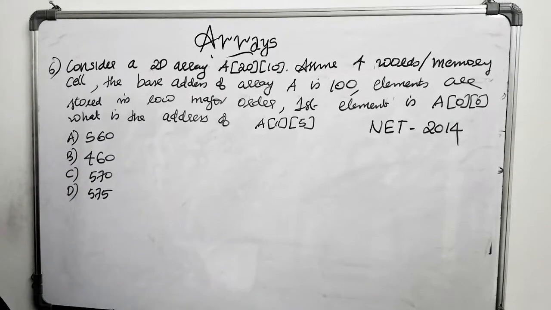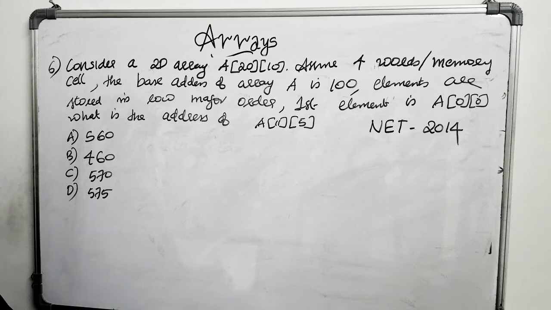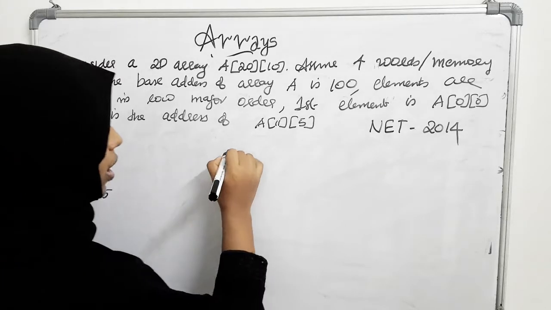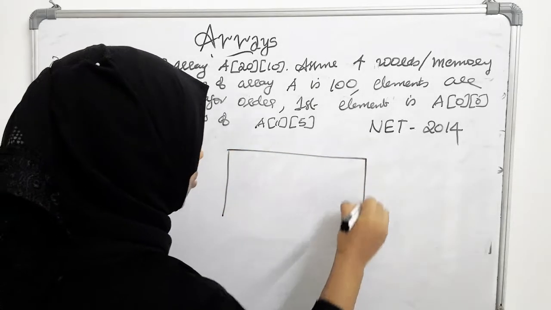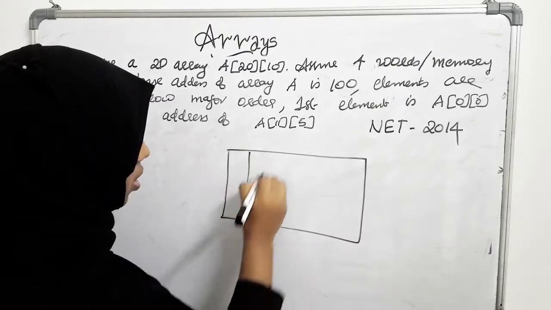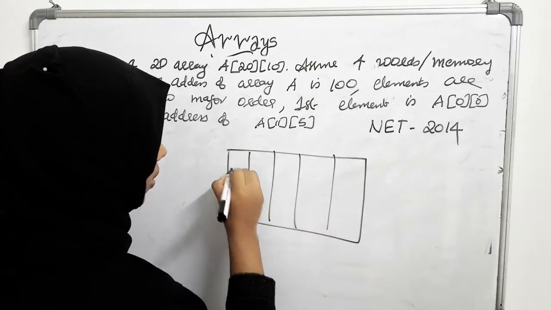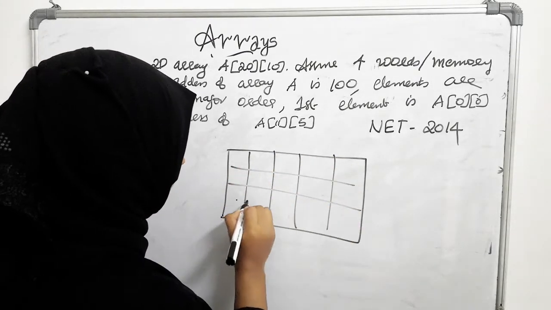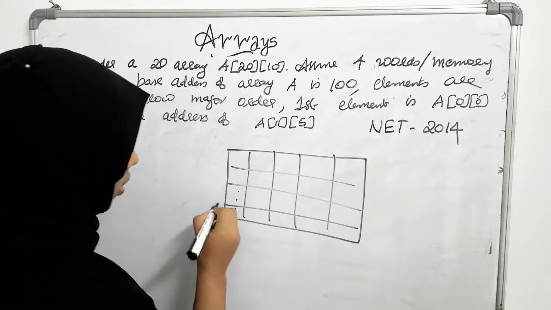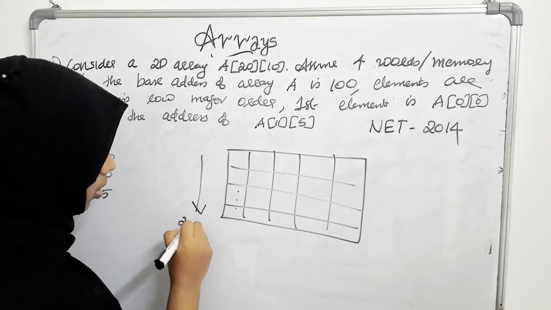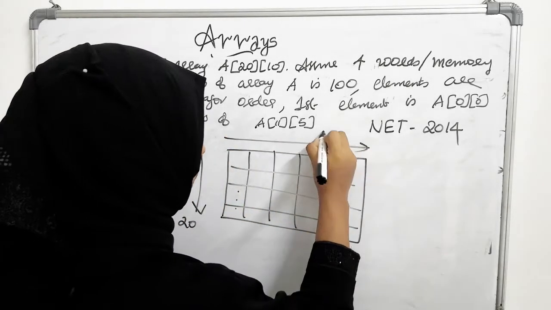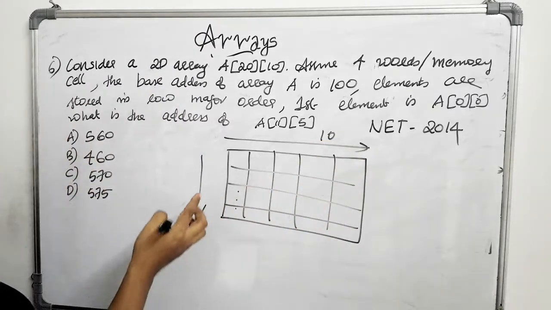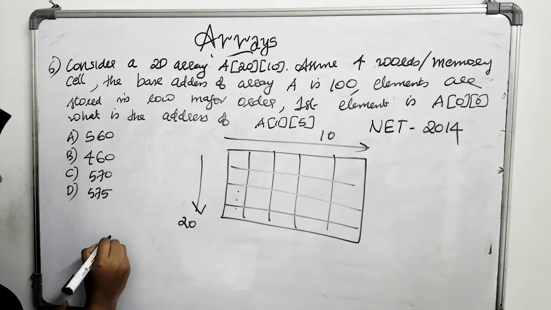Having done the previous question, I think this would be really easy for you. We will draw the array first. The two-dimensional array can be drawn something like this. It has 20 rows and 10 columns. It is given that the base address of the array is 100.